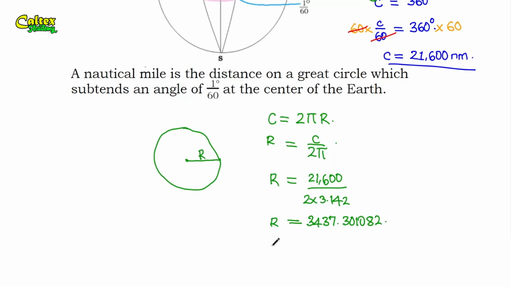Now let's round this to the nearest whole number. So our R is given by 3,437 in nautical miles, and that becomes our radius of the Earth in nautical miles.